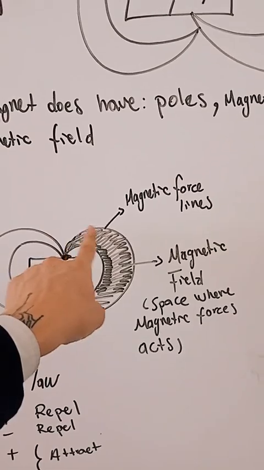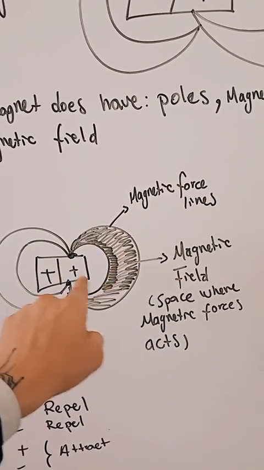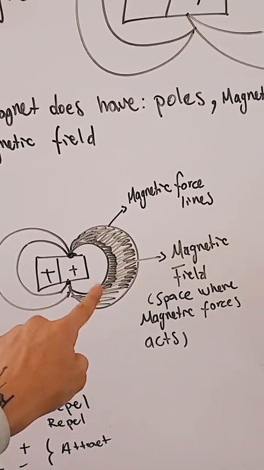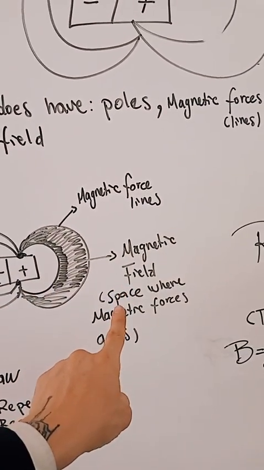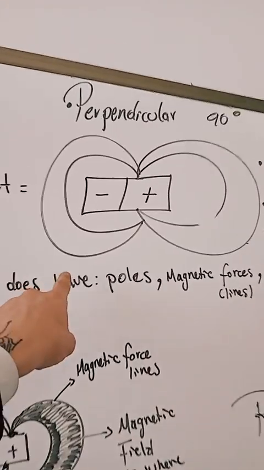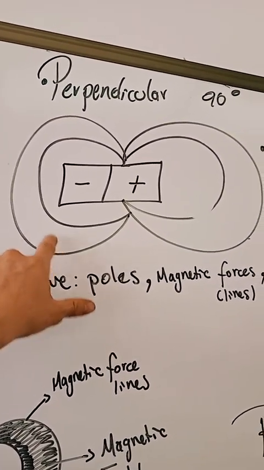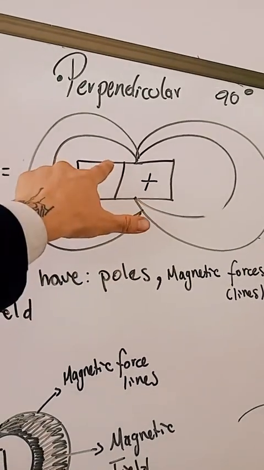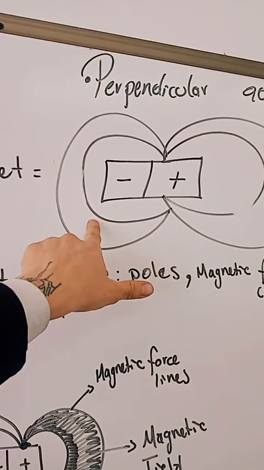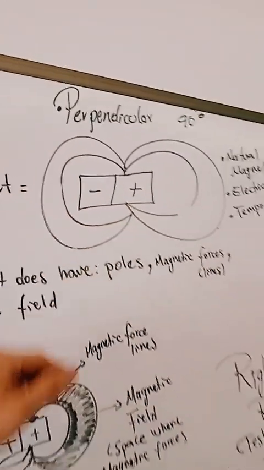Magnetic force is the border, the line, and the magnetic field is the area within that line, also called the space where the magnetic force acts. It's quite simple to understand.